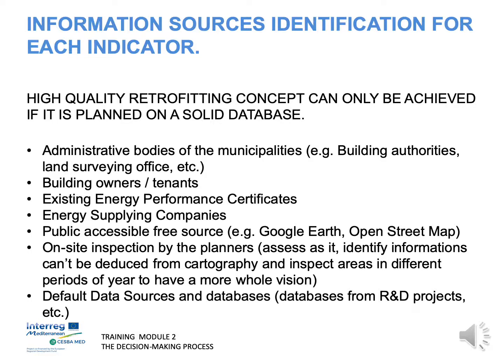In fact, one can mention administrative bodies of municipalities, building owners or tenants, existing EPC certificates, energy supply companies, public accessible free source data, such as that accessible from Google Earth or OpenStreetMaps, on-site inspection by planners, and finally default data sources and databases which one may obtain from other research and development projects.